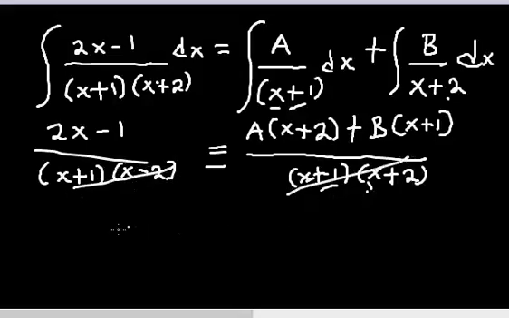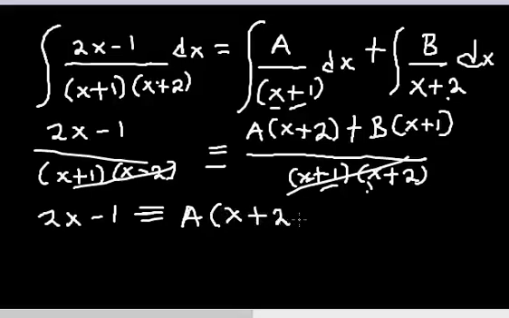They will cancel out, so I'm left with 2x minus 1 is equivalent to, here I'm going to start evaluating, a times x plus 2 plus b times x plus 1.